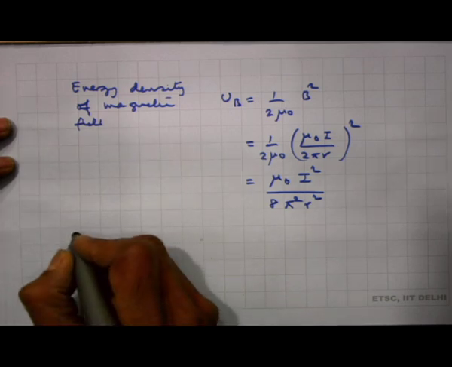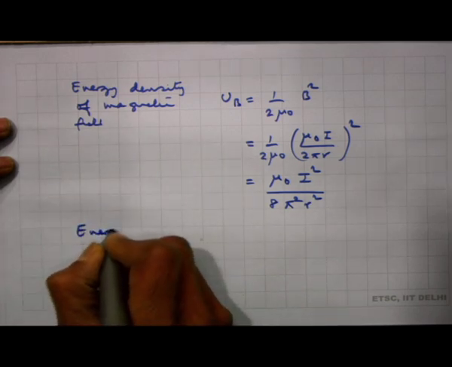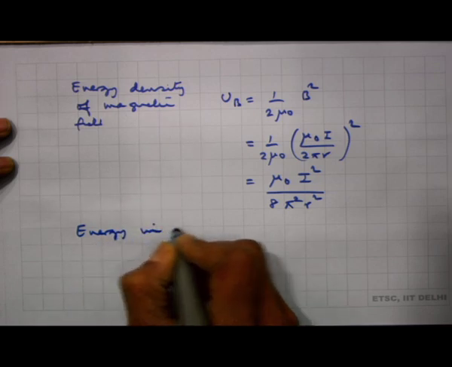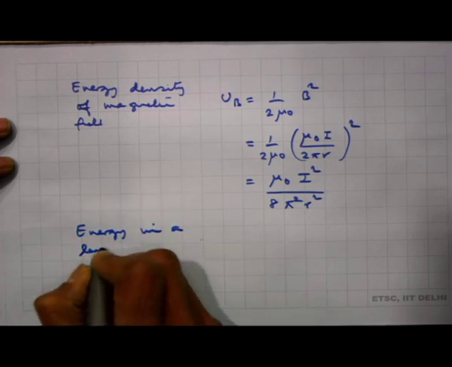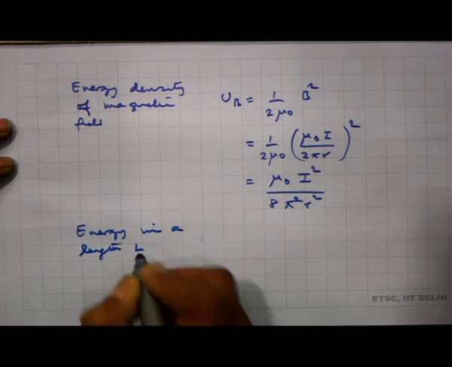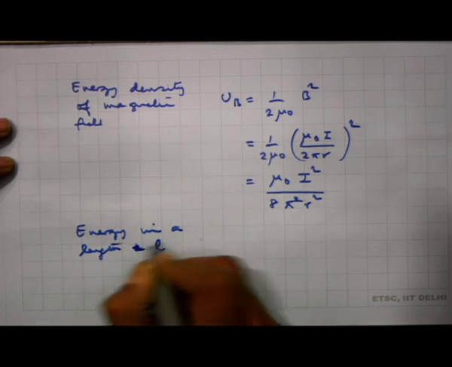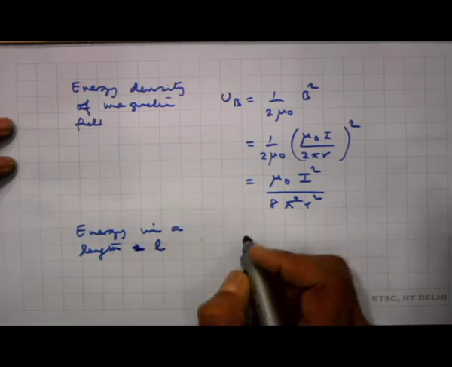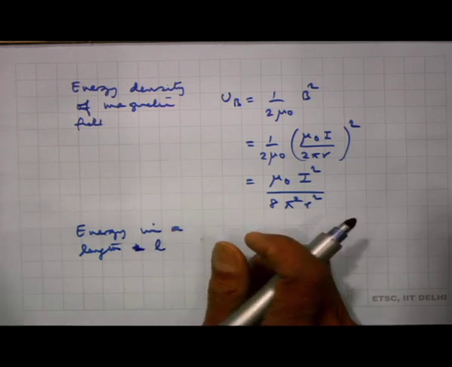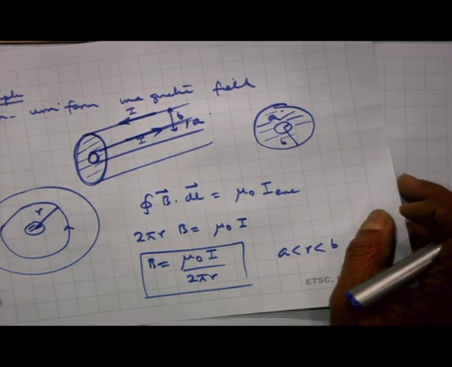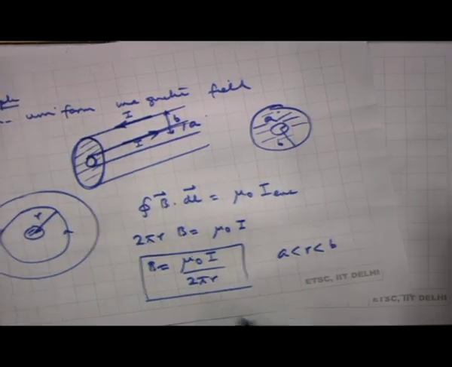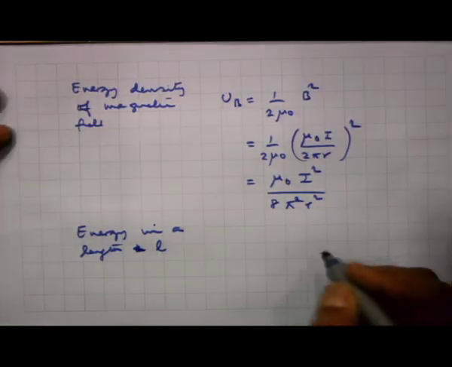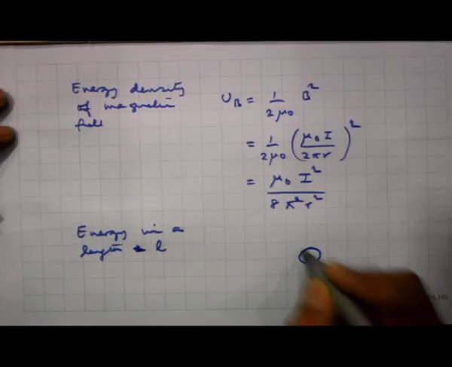So, let me calculate the energy in a length L. Let me put a small l in a length small l. So, I must take a volume. So, what I need to do is the following, let me draw a figure here. So, I have this inner conductor and an outer conductor.